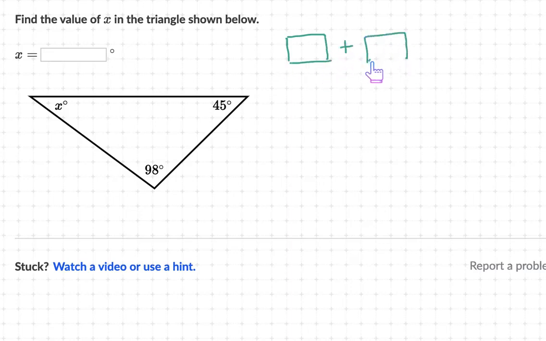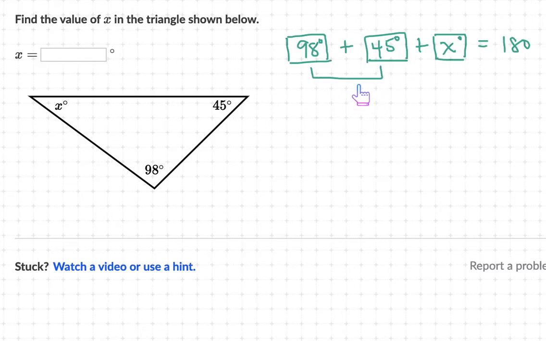Okay, you could have set yourself up with an equation. You know that all three angles add up to equal 180 degrees. So you can just plop them in: 98 degrees plus 45 degrees plus our remainder of x degrees should equal 180 degrees. If this were a normal equation, you would solve it the same way. Add up your like terms, 98 degrees plus 45 degrees.